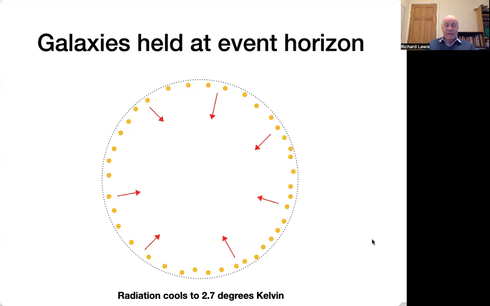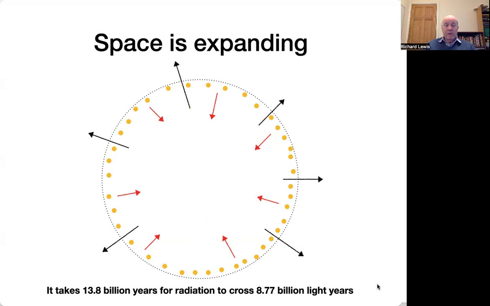So these galaxies will be radiating energy, and that radiation will be detected, and by the time it reaches the point of observation, the radiation cools to around 2.7 degrees Kelvin, and that is what we observe as the cosmic microwave background.